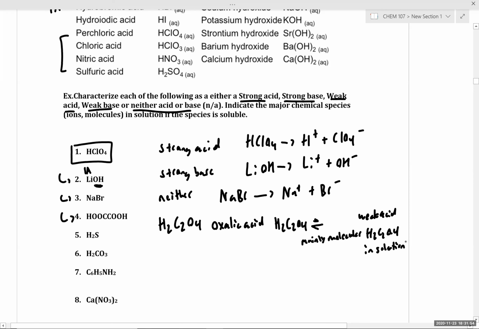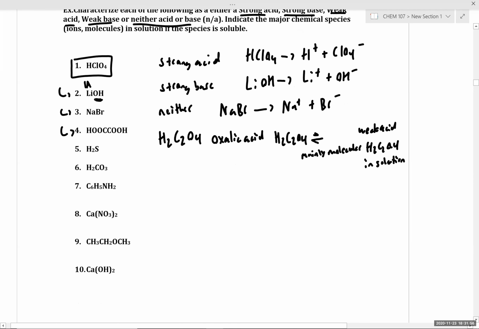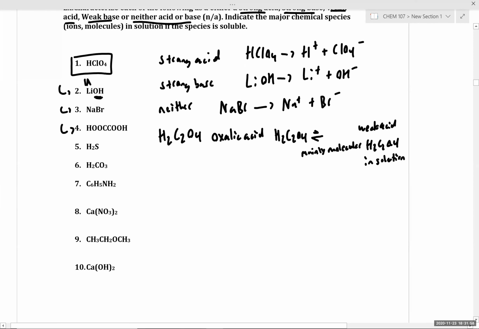Okay, so with these representative examples in mind, I'd like us to work on 5 through 10. Let's try to come up with some reasonable assignments for whether each of these species are strong acids, strong bases, weak acids, or weak bases, and try to describe the major species in solution.